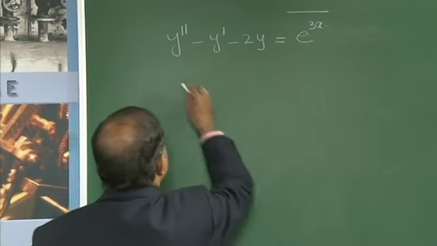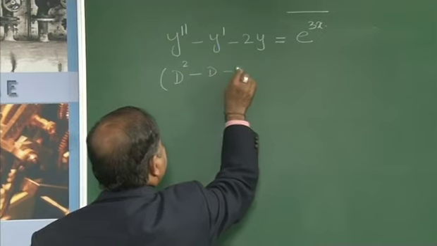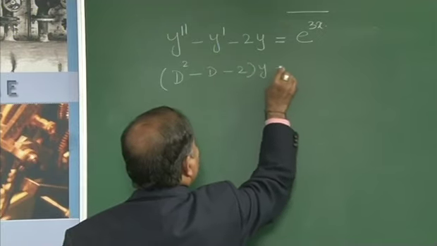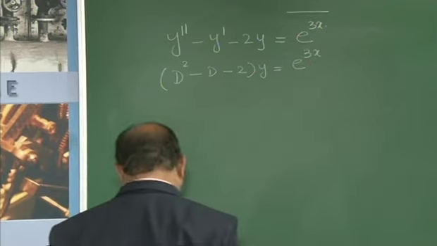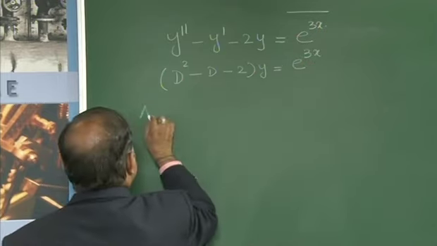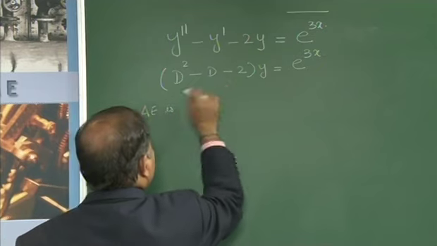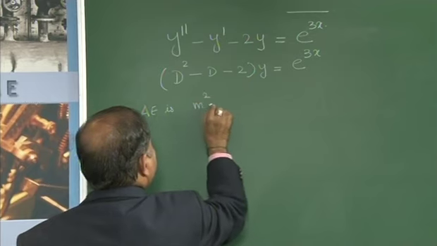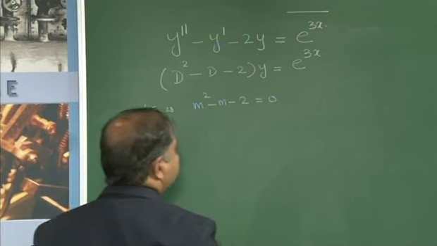Now, write the standard form: (D² − D − 2)y = e^(3x). No change. Auxiliary equation: for the left-hand side, whatever you have done so far, m² − m − 2 = 0.